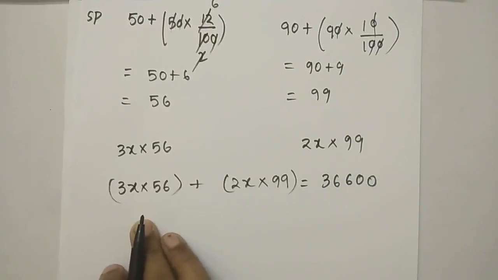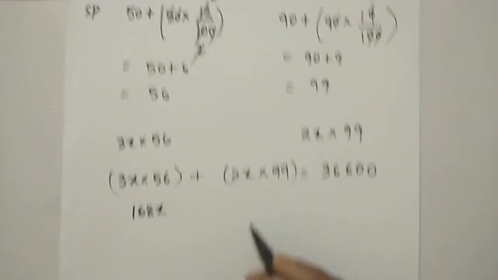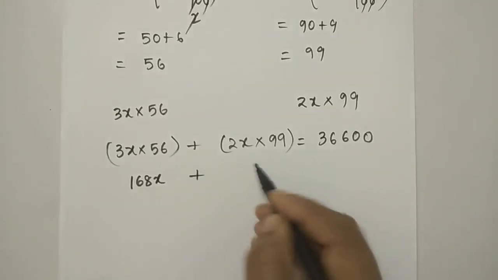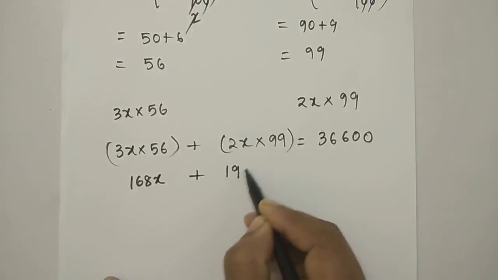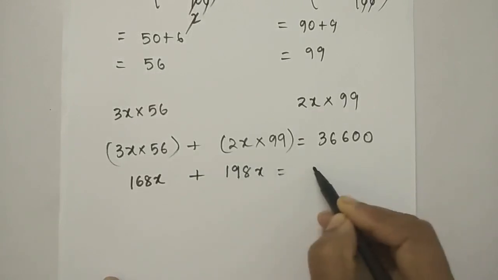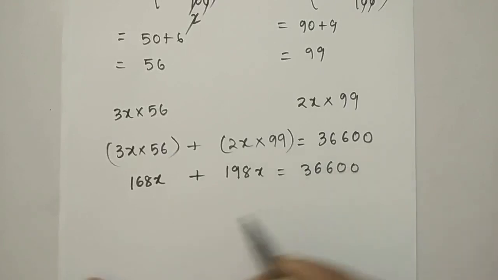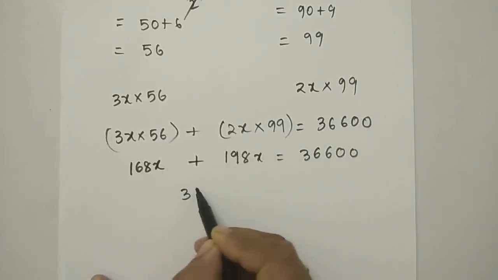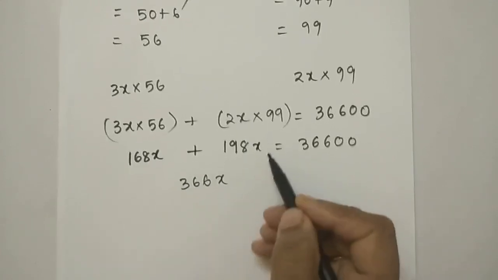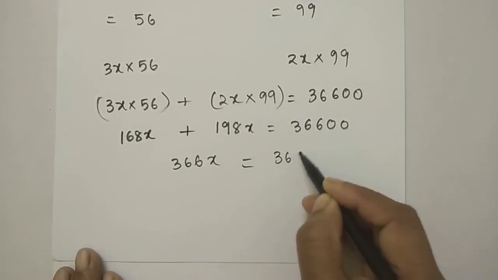So this becomes 3 into 56 is nothing but 168x plus 2 into 99 is 198x is equal to 36,600. If we add these two, this becomes 366x is equal to 36,600.